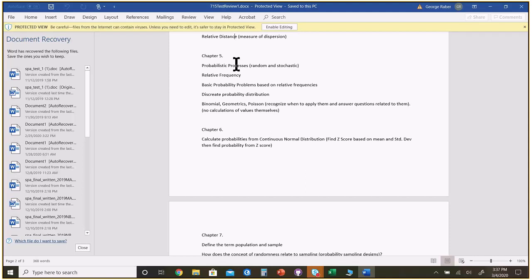Because it's a process, it produces an actual distribution in real life, and there's an element of chance to it. Random means that it's totally random, and we'd expect it to always be the same. But stochastic means that there's still probabilities associated with it. We just either don't know what they are, or we do know what they are, but they're not exactly random. In other words, there's not an equal chance of every event happening. Okay, so that's the difference between random and stochastic.